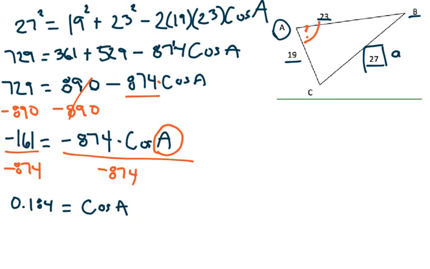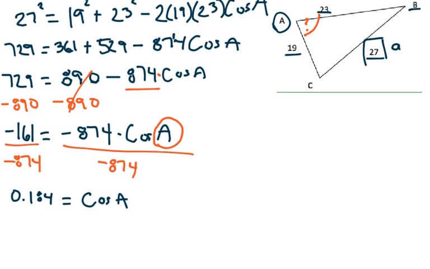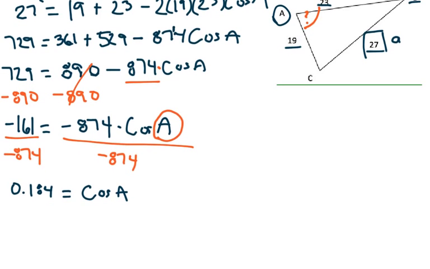Now, in order to actually figure out what that should be, if I scroll slightly down, I need to do the inverse cosine of both sides.